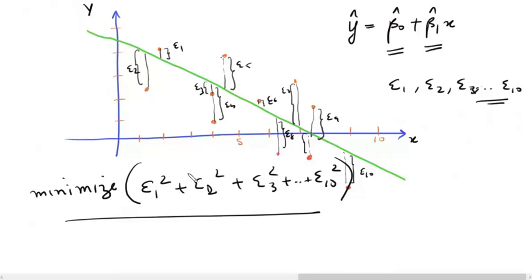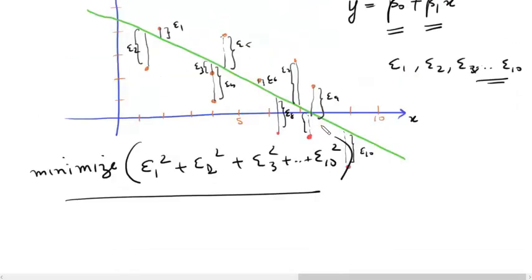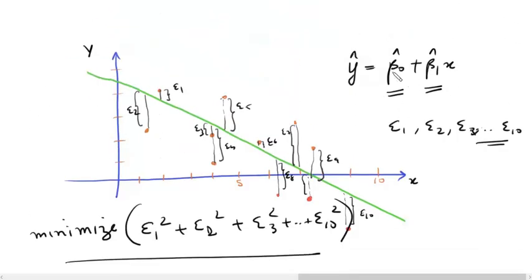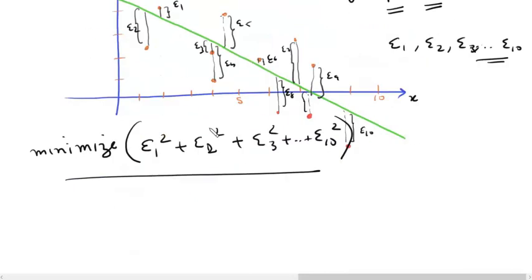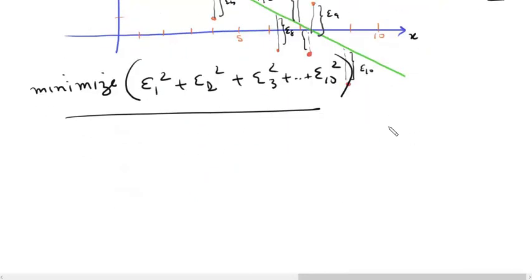Now let us see how we do this. To find out how we get the values of beta naught and beta 1 if we minimize this, we'll have to go deeper into the maths of linear regression, and specifically it includes calculus.